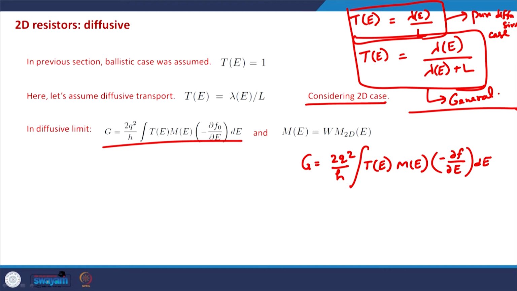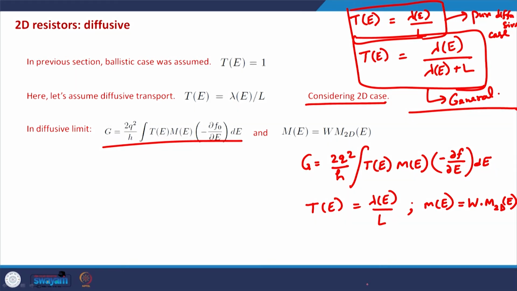In the case of pure diffusive transport, T(E) is equal to lambda(E) by L, and generally the number of modes can be written as W times the number of modes per unit width, M2D(E). That is how we can generally write the number of modes.